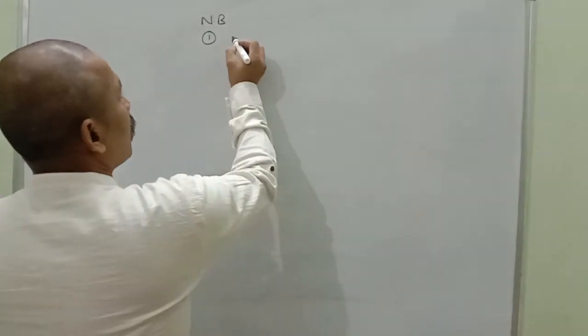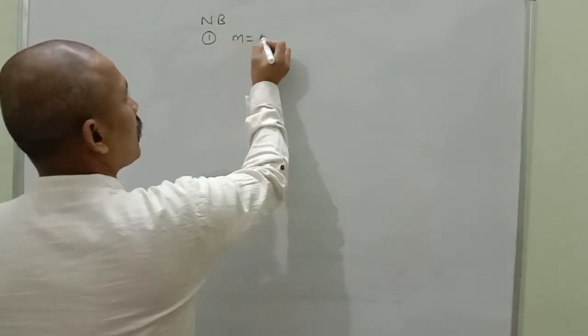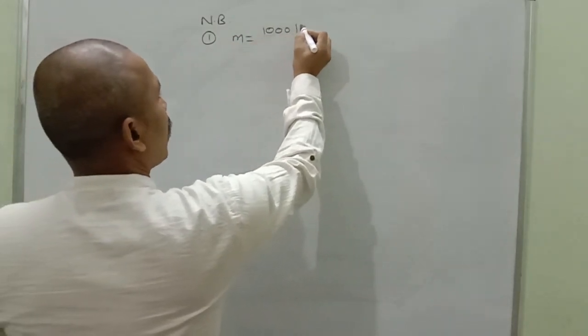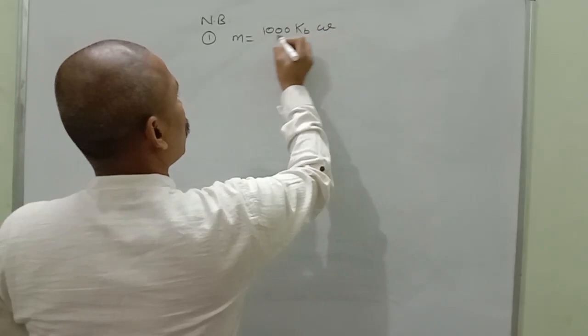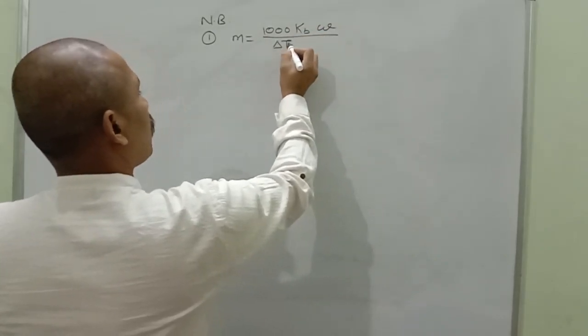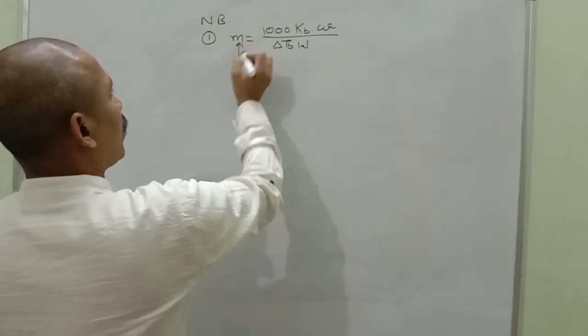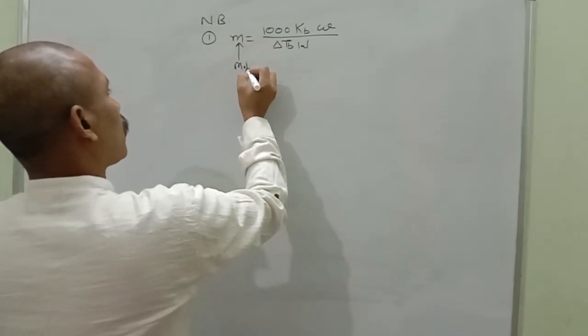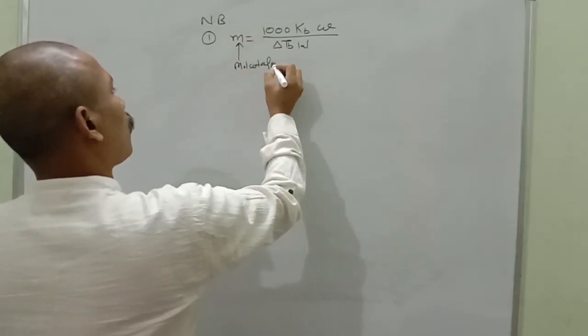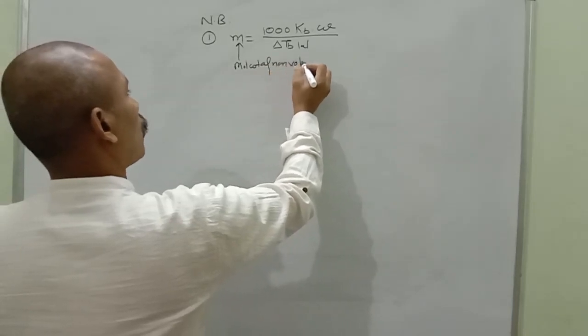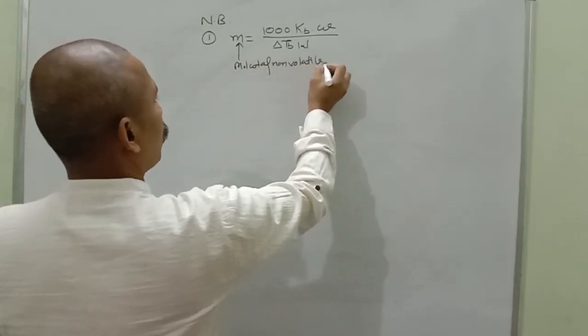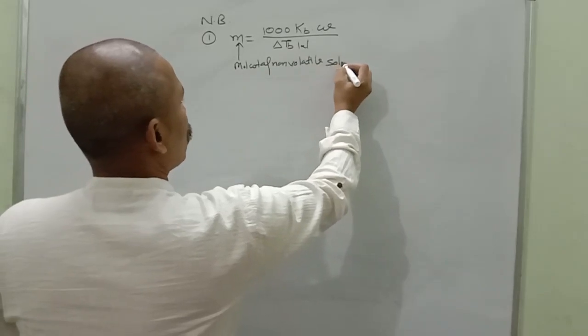The first formula was small m is equal to 1000 Kb small w over del Tb capital W. Here small m means molecular weight of non-volatile solute. Don't forget this one.